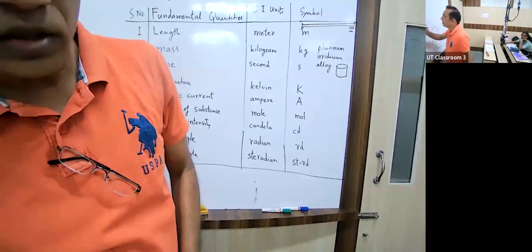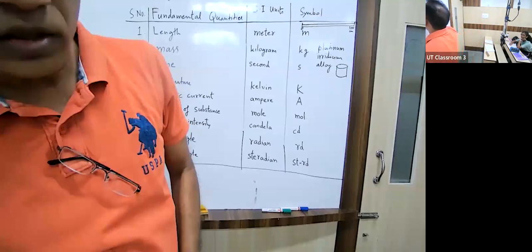So let's define what is speed. These are various parameters which are needed to describe a motion, like distance, displacement, speed, velocity. So what is speed?